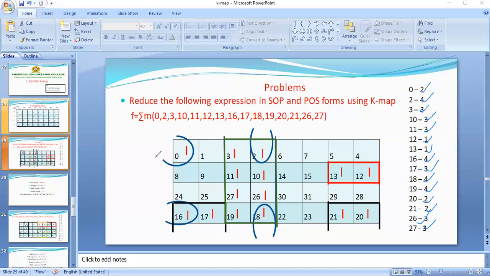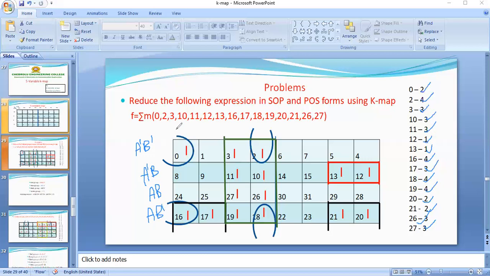Here we are taking the variables A and B. So 0, 0 means A bar, B bar. 0, 1 means A bar, B, and 1, 1 means A, B, and 1, 0 means A, B bar.